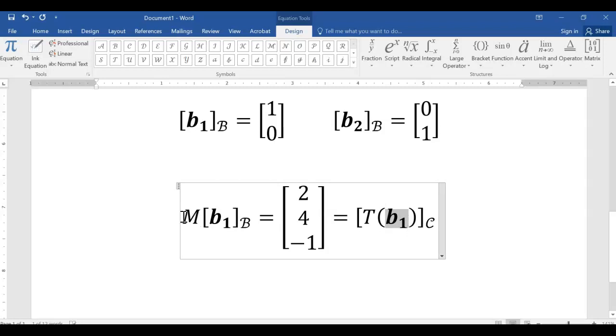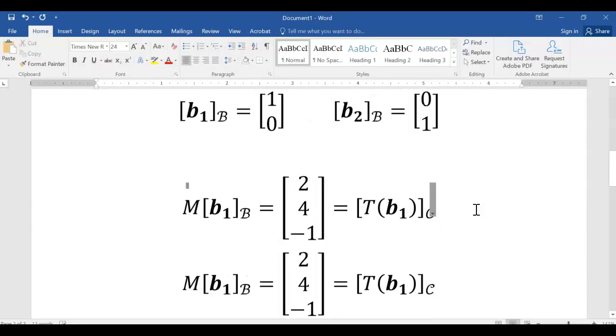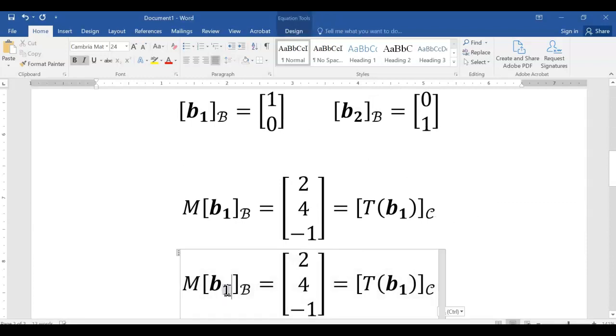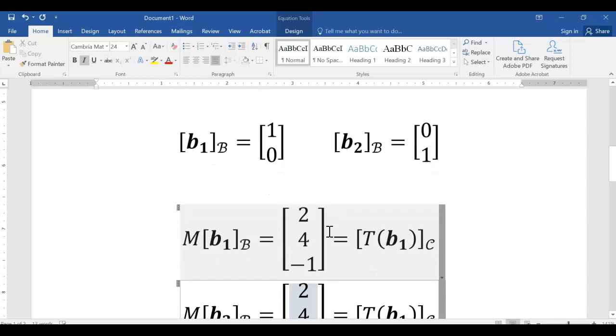And we could do a similar argument with element B2. My matrix should take element B2, and it should spit out negative 4, 0, 9.